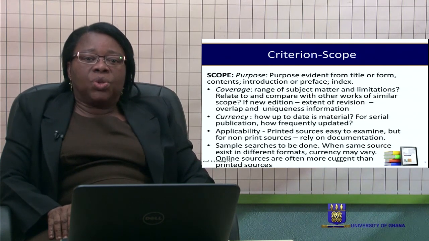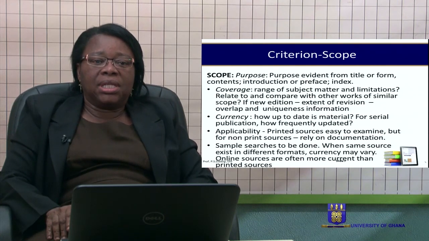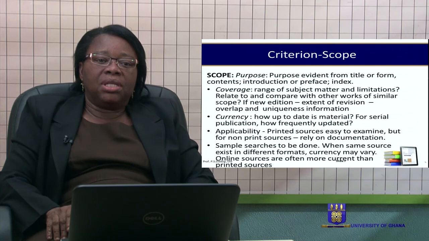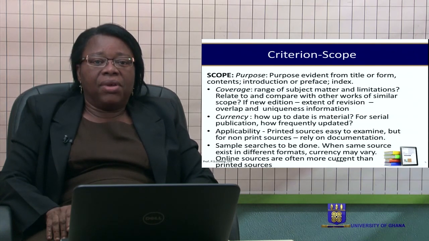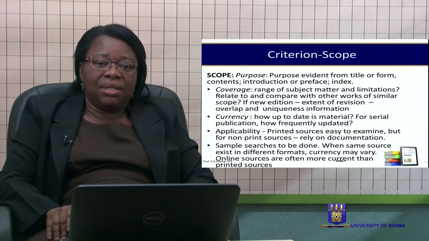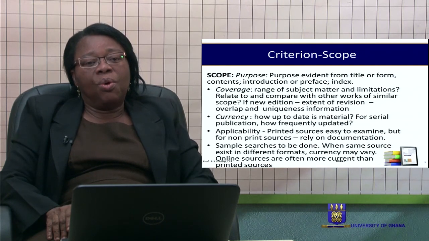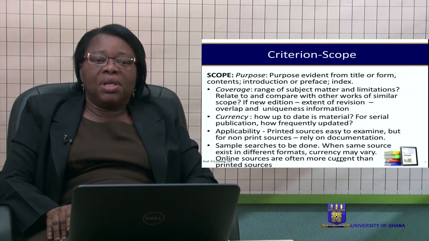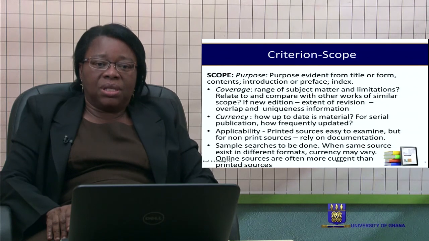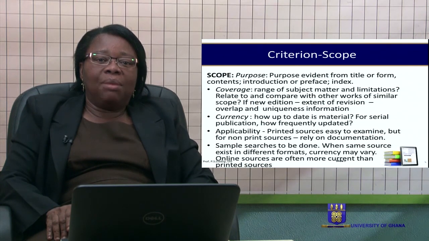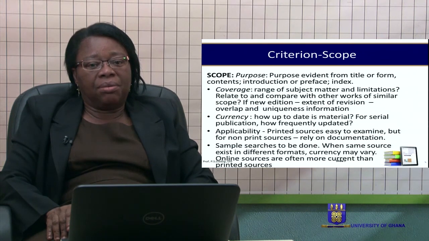Now, for the criterion scope, again, we have three main issues that you consider: the purpose, the coverage, and the currency. Again, for this criterion, it's very easy to determine when you have a print resource. That means if you have the book in front of you, it's very easy to find out what is the purpose, what is the coverage, and what is the currency. But if you do not have the print version, how are you going to be able to determine the scope in an electronic version, especially when you don't have a subscription to the electronic version?